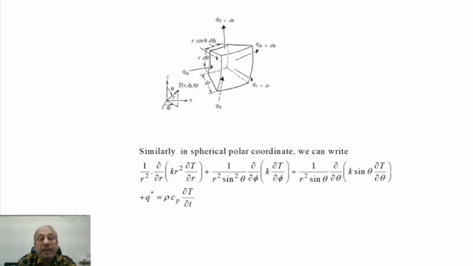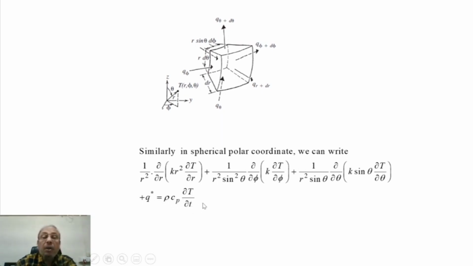And if we extend the same similar analysis for the spherical coordinate system, that is basically r phi theta defined, then we can write the governing equation as 1 by r square del r of k r square del T del r plus 1 by r square sine square theta del phi of k del T del phi plus 1 by r square sine theta del theta into k sine theta del T del theta plus q star equal to rho Cp del temperature del time.